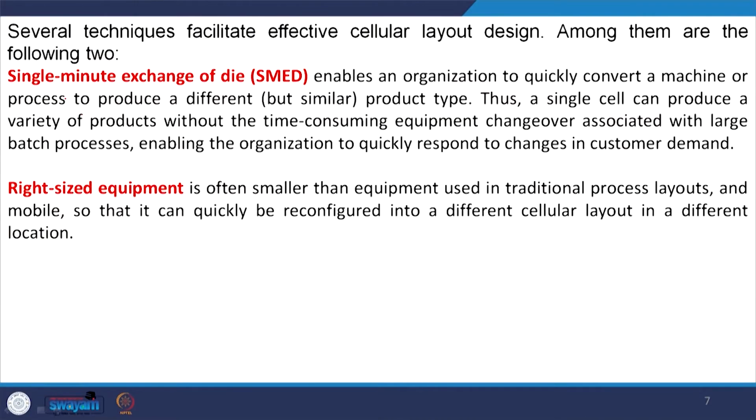Now, some of the important terms we like to mention, which are used to facilitate effective cellular layout design. One of them is single minute exchange of die, very commonly known as SMED. This is actually how fast you can replace your dies, so that your setup time can be minimized.